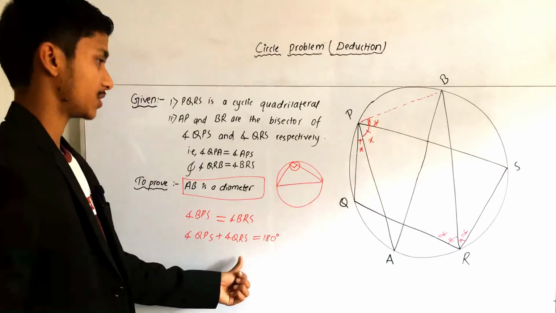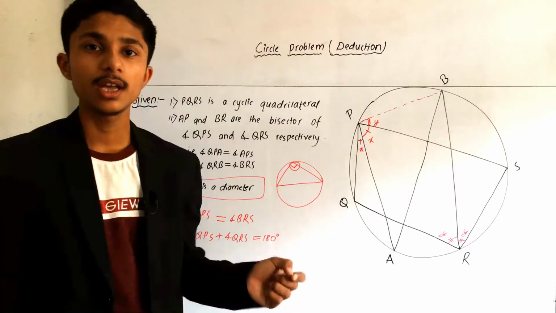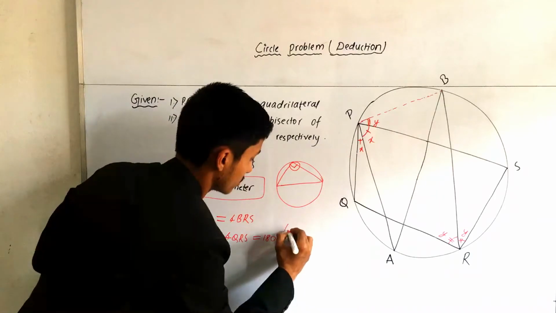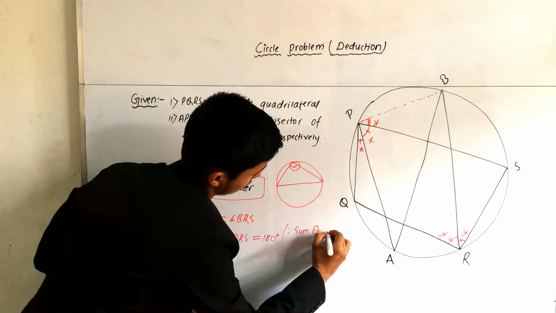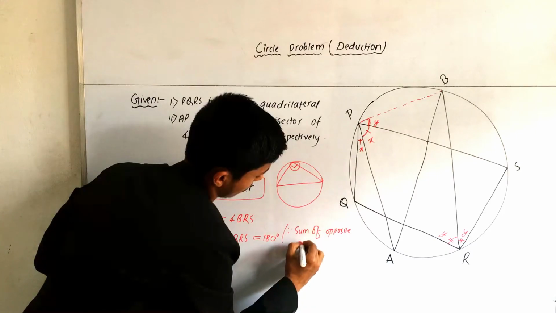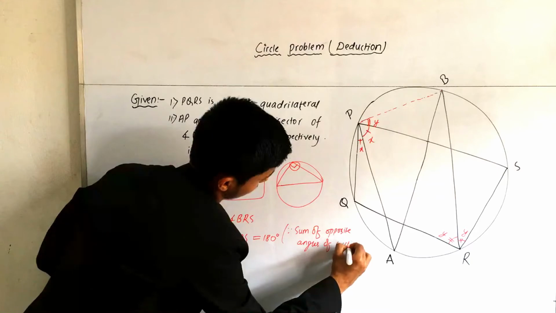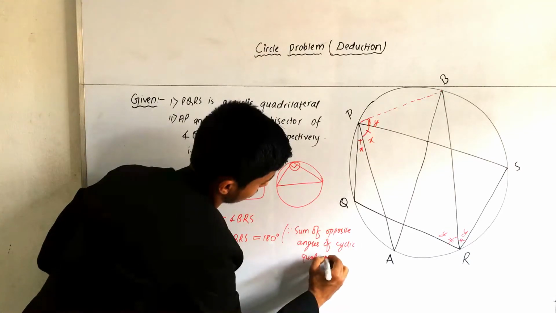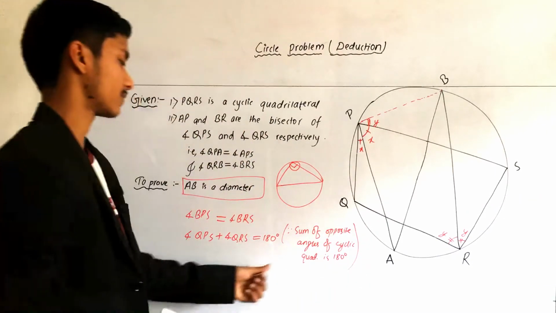This is a property, because the sum of opposite angles of a cyclic quadrilateral is 180 degrees.